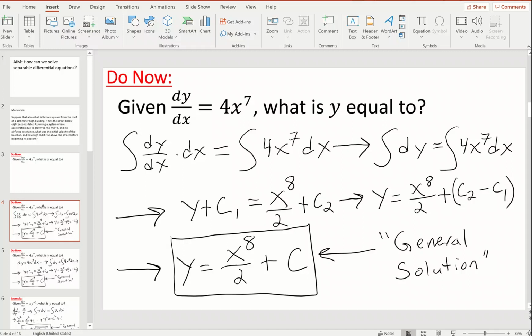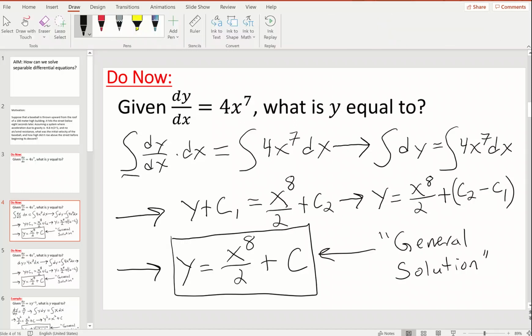And so I apply that operation to both sides. Integral dx, both sides. After simplifying a little bit, the left side is just the integral dy, and that should be equal to the integral of 4x to the 7th dx. Integrating the left side dy, you get y plus c1.